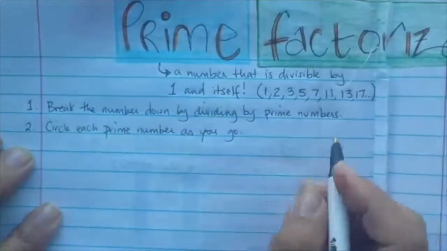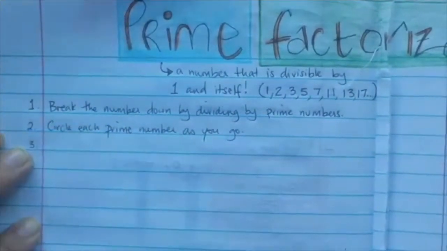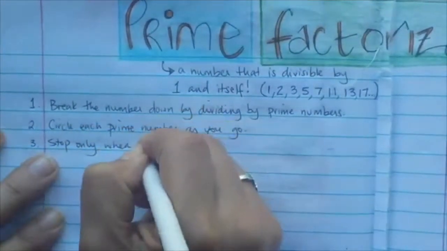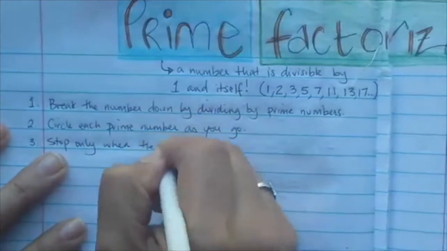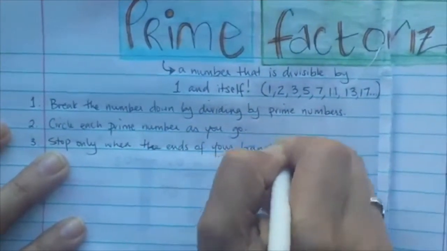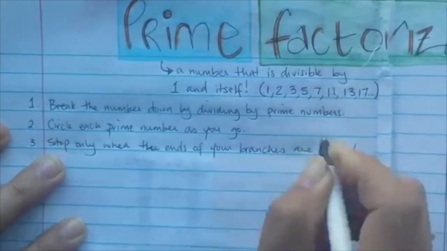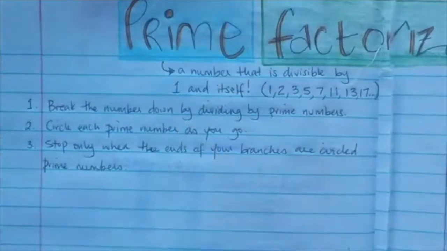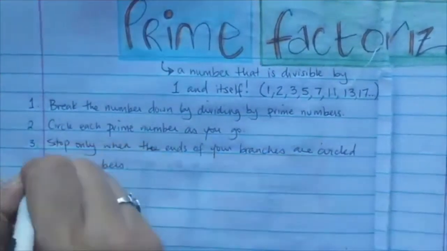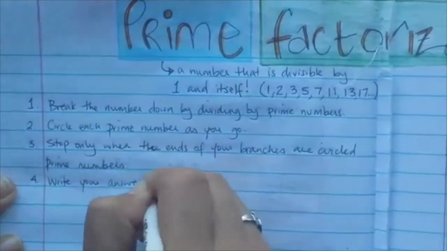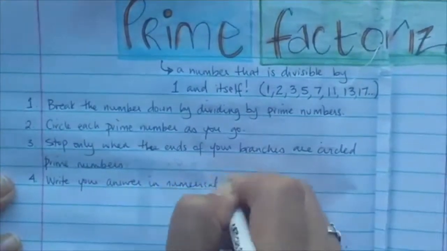Number 3, stop only when the ends of your branches are circled prime numbers. Step 4, write your answer in numerical order. In other words, from least to greatest.